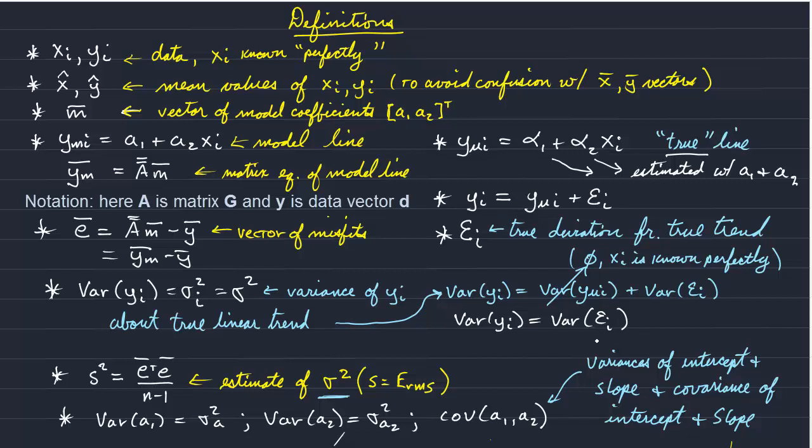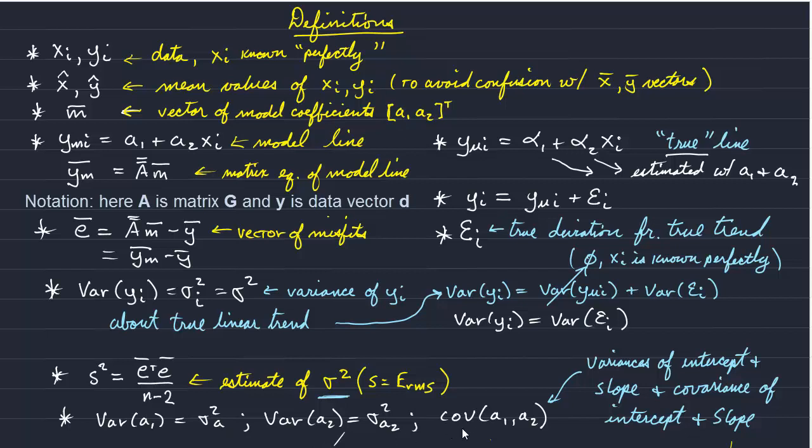We don't know that noise or that variance, but we can estimate it by taking the sum of squared misfits. And I'm noticing that instead of n minus 1, I need to divide by n minus 2. The variance of our intercept, we can write as VAR of our intercept, or equally as sigma squared sub A. Likewise for our slope.